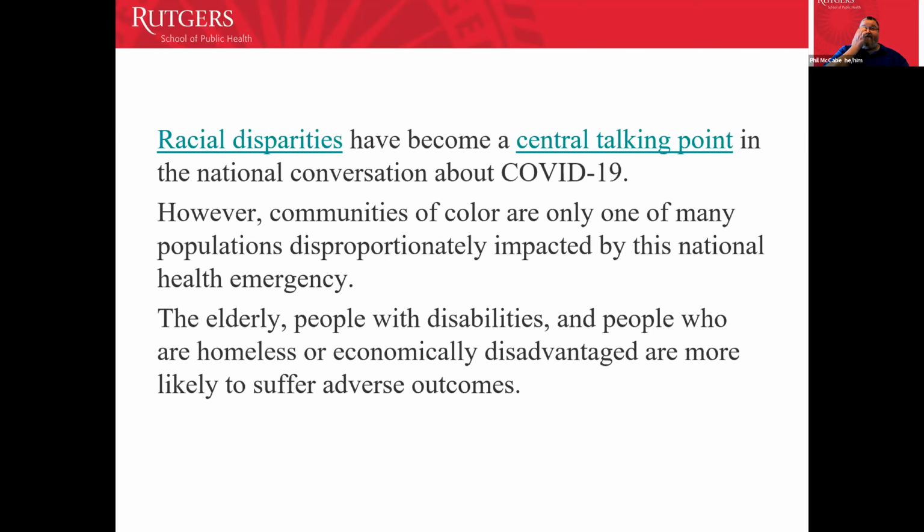So we don't want to put everything into the lens of racial disparity. I'm not saying that's not important. What I'm saying is that we also need to recognize that there are other minority groups that have their own unique set of challenges that may be very similar, but are also very different from the effect of racism.